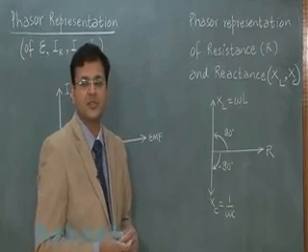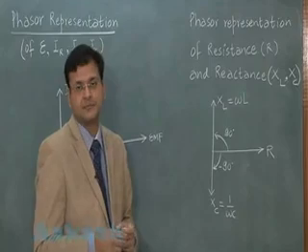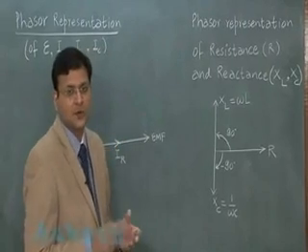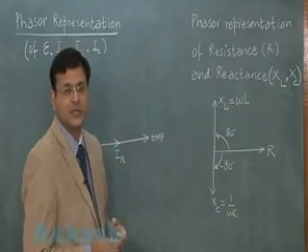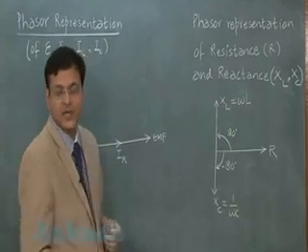Sometimes we may ask you to represent the variation of reactance of, say, inductor or capacitor with the frequency which is imposed on them, then how will you do that? Let us do that.